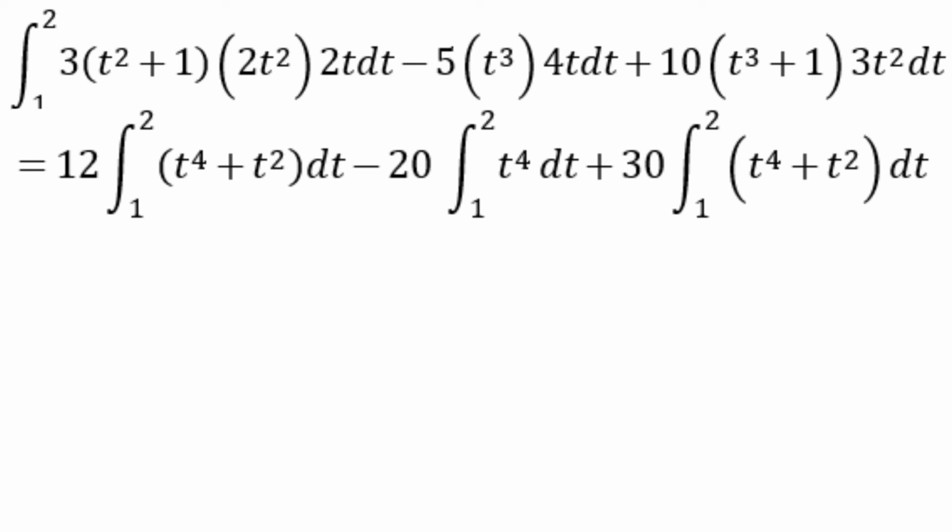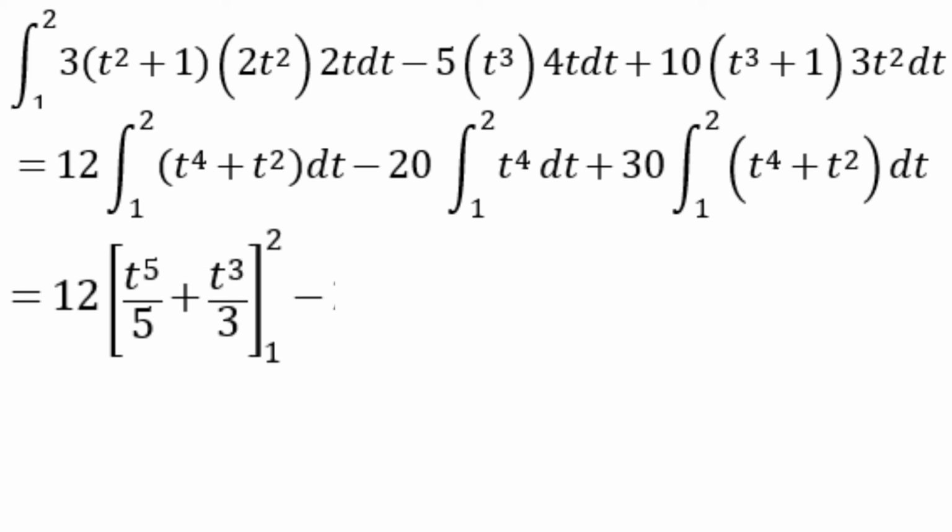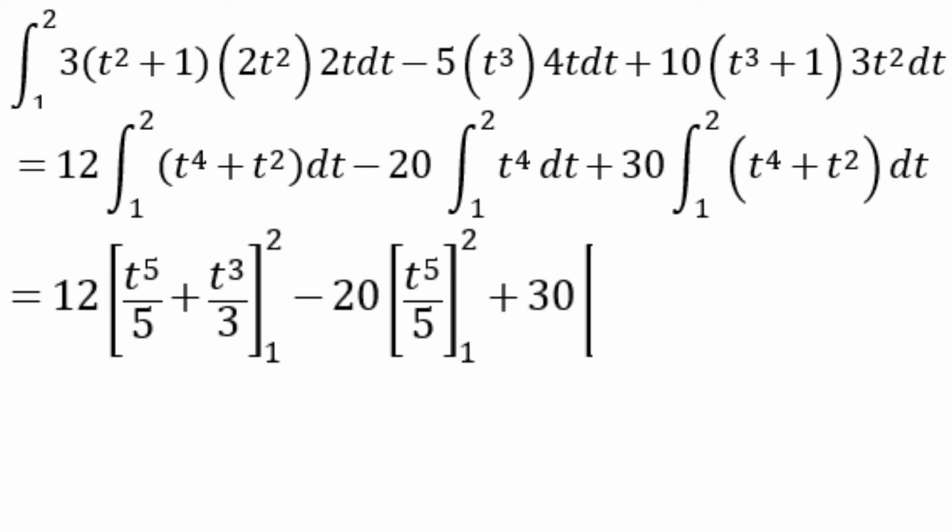Find the integration and substitute the limits. Equals 12 times t raised to 5 divided by 5 plus t raised to 3 divided by 3, limits 1 to 2, minus 20 times t raised to 5 divided by 5, limits 1 to 2, plus 30 times t raised to 5 divided by 5 plus t raised to 3 divided by 3, limits 1 to 2.